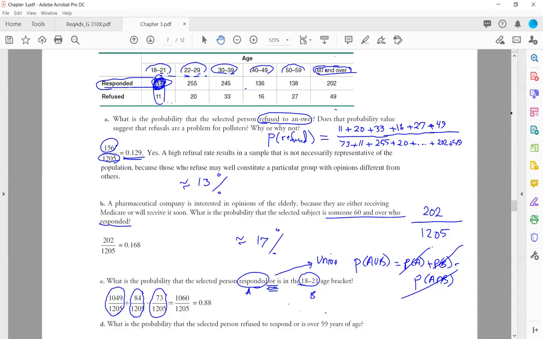So we found all of these three probabilities. Now we do the algebra by adding and subtracting these numbers. 1060 divided by 1205, which is 88%. Is this number between 0 and 1? Yes. It means that our calculation is correct.